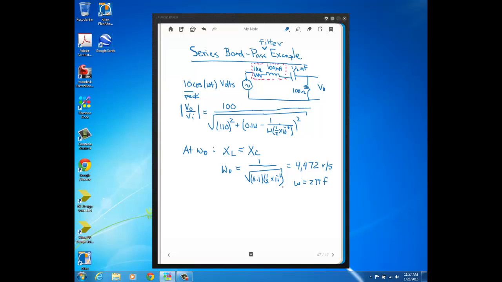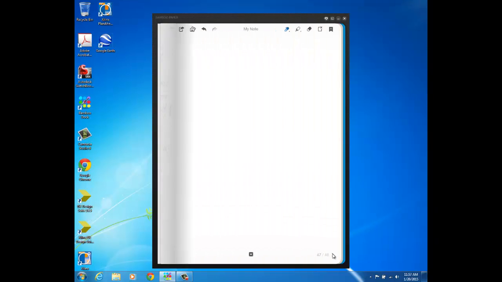Okay, so the next thing I'm going to show you is how we can solve for V out at the resonant frequency by using a circuits approach. So this is going to be when omega equals the resonant frequency. We're going to take our original circuit and put in the ohm values at this frequency. First, our source in phasor form is just 10 at an angle of 0 volts.